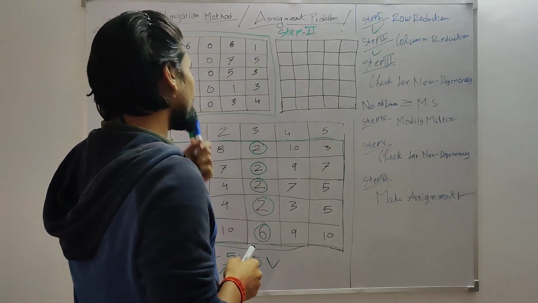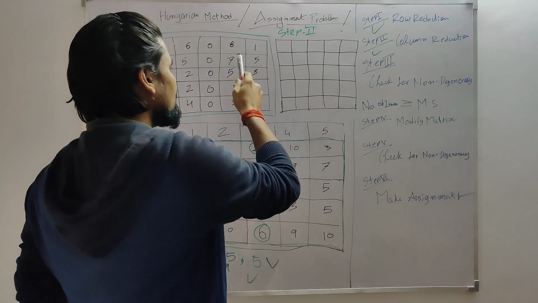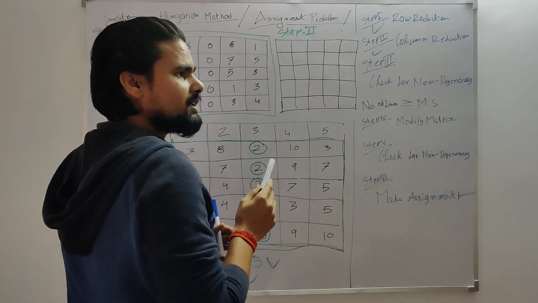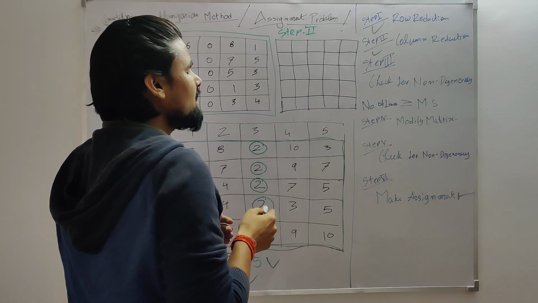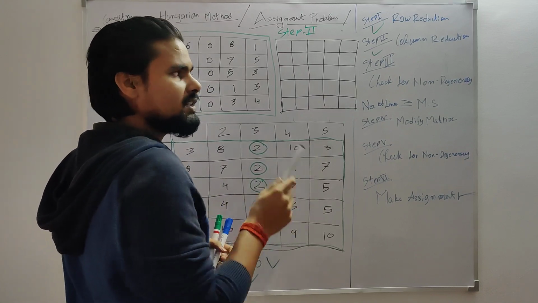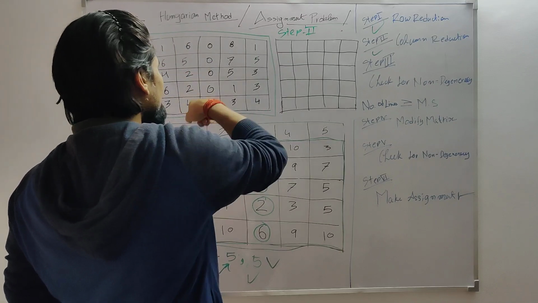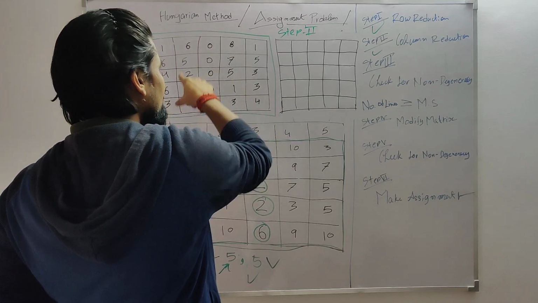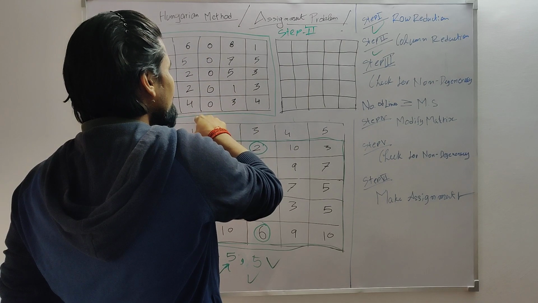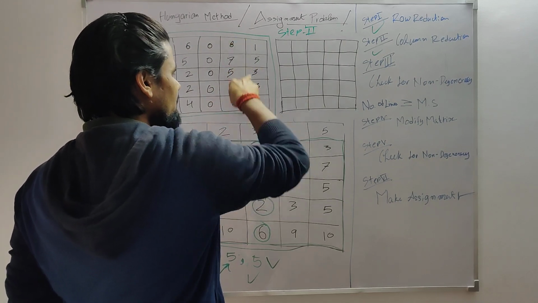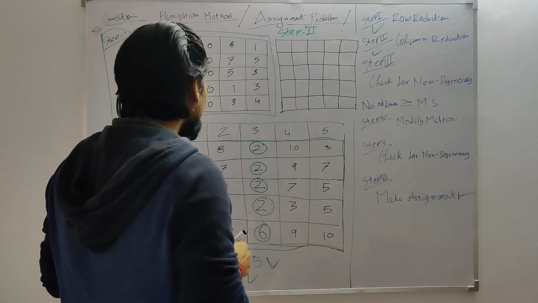Over here we will first try to locate the rows and columns which don't have a zero value in the matrix. In this column we don't have any zero value, in this column we don't have any zero value, in this column we have the zero value, and again in these two columns the zero value is missing.